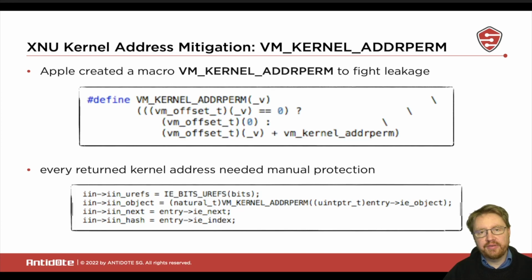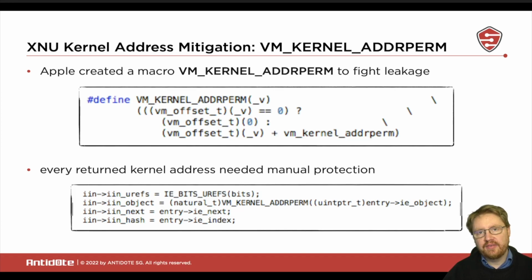Only null pointers would be returned as null pointers, but everything else, the addrperm would just be added. If I recall correctly, they forced the lowest bit of the addrperm variable to be 1, so that nothing plus this addrperm could ever accidentally be 0.